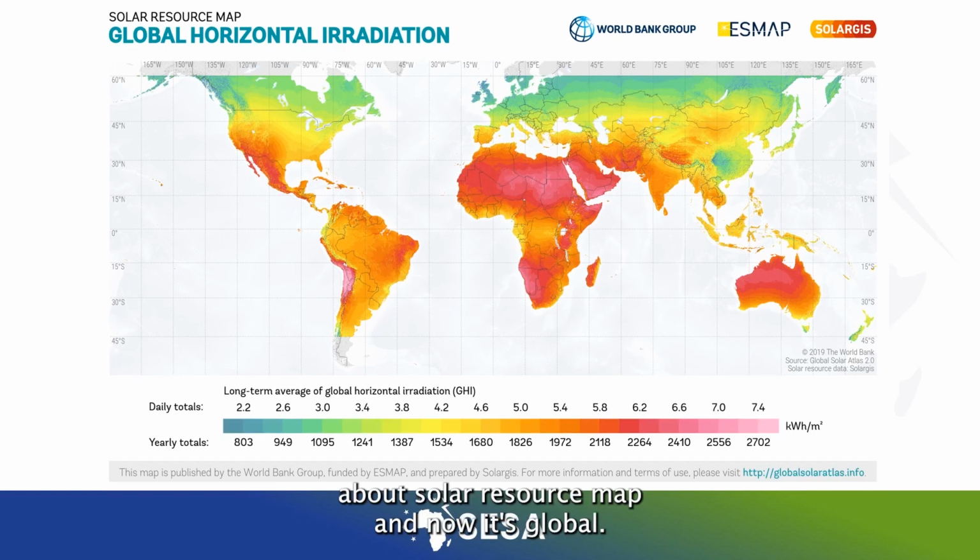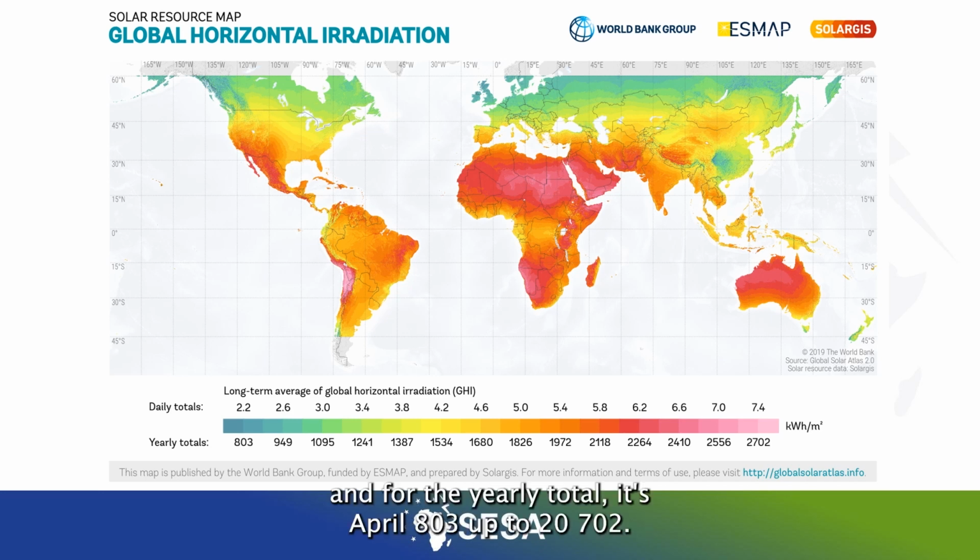We're still talking about the solar resource map, and now it's global horizontal irradiation, GHI. In this map, we will represent the potential of the irradiation. Its unit is kilowatt hour per meter square, going for a daily total from the lowest value, which is approximately 2.2, up to 7.4.